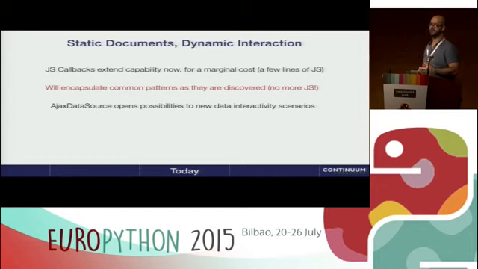Another very powerful addition is the Ajax data source, which opens really new scenarios. In Bokeh, a data source is basically a bag of data that you tell your plot to use. For instance, if you have a dictionary or a pandas data frame with X and Y as linear arrays, you can just pass that to a column data source.